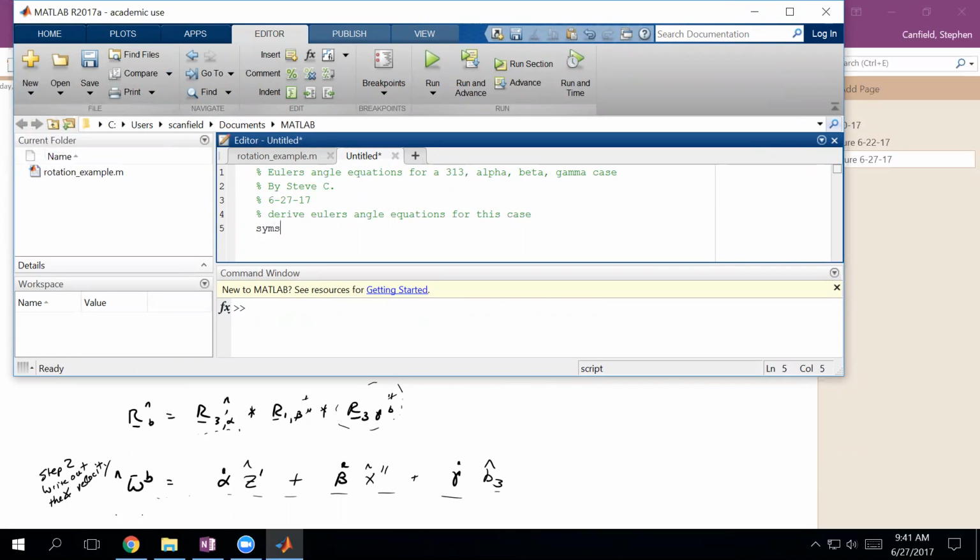The first thing I'm going to do is clear my workspace. I'm always going to do this. It's a good idea to get in the habit of doing that. It helps you avoid errors that may occur if you have a variable you assume, but you didn't specifically define and it's already in the workspace. I'm going to define my variables.